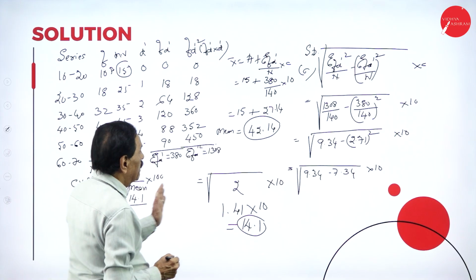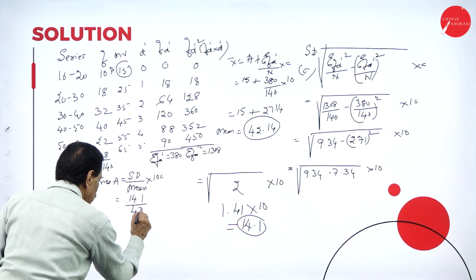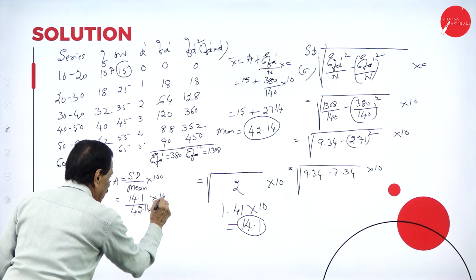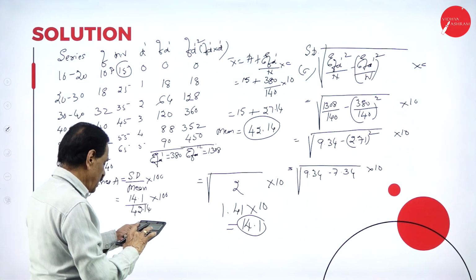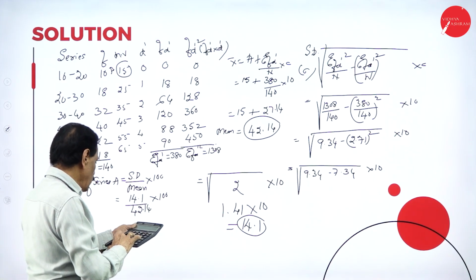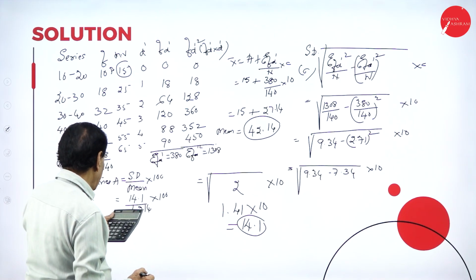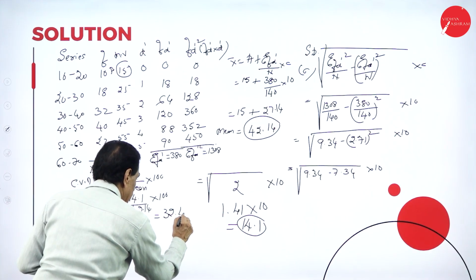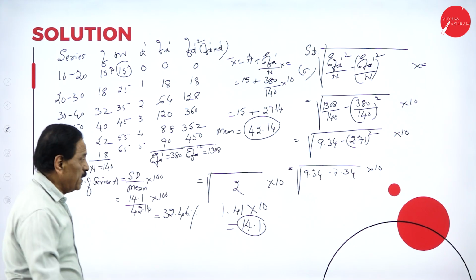What's your mean? 42.14, into 100. Simplify: 14.1 divided by 42.14 into 100 is 33.46%. This goes in favor of series A.